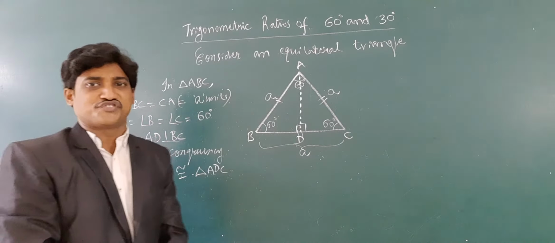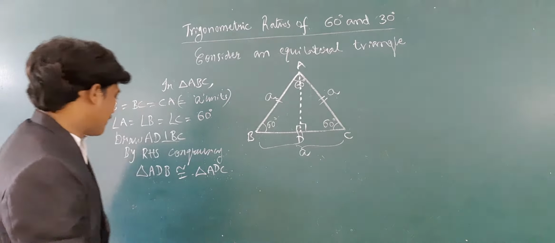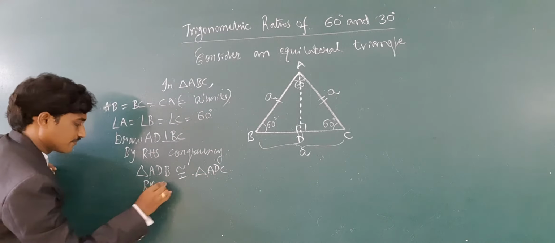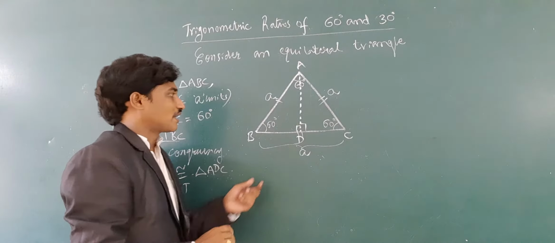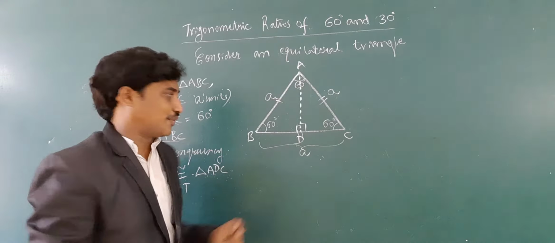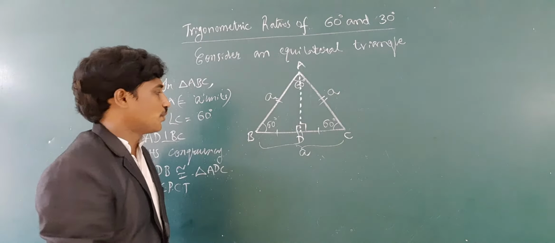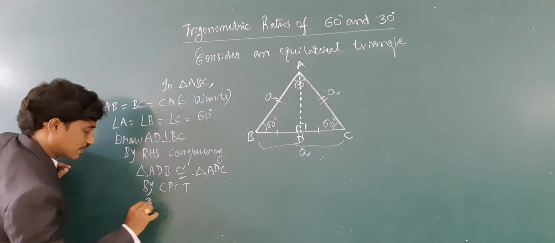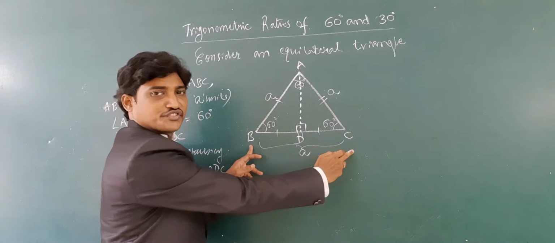By CPCT, corresponding parts of congruent triangles are equal. So BD and DC are equal in length. BD = DC, so BD is half of BC.